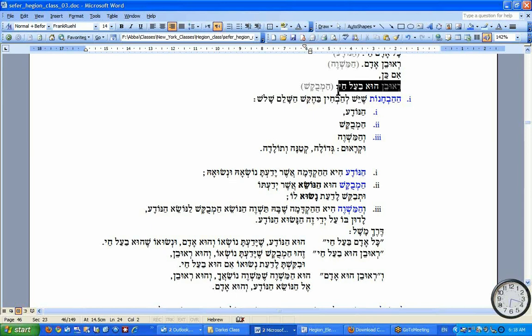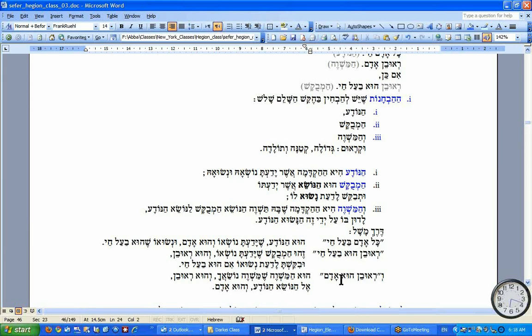Right. Now the conclusion. This is how he talks about the conclusion. He says Reuven is called the Mavukash. Shiadata Nasuo. You know there's someone who's called Reuven. Uvikashta Ladas Nasuo, im Hu Baal Chai. You wanted to know if he was a Baal Chai or not. And so he says Reuven, that's called a Mavukash.